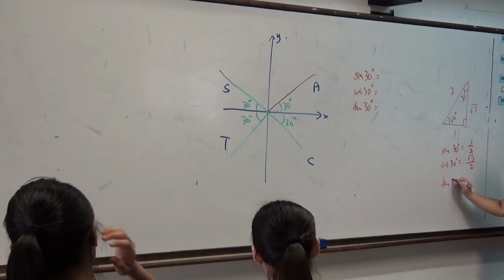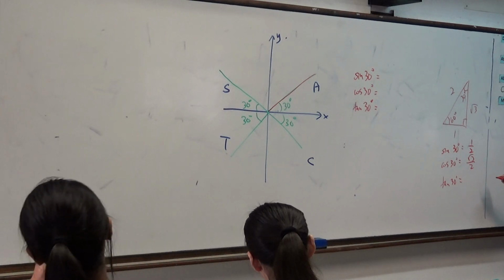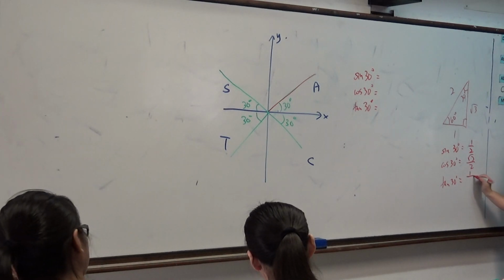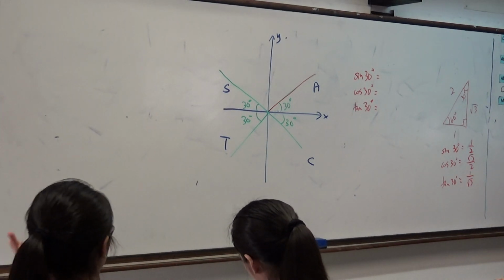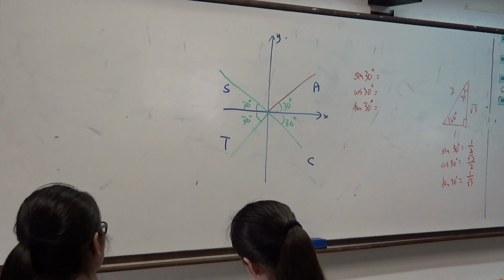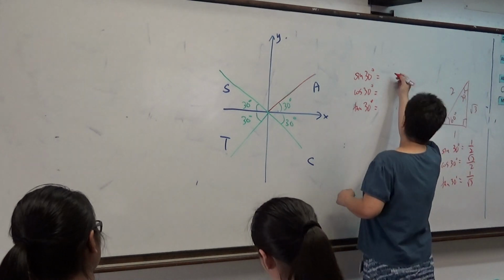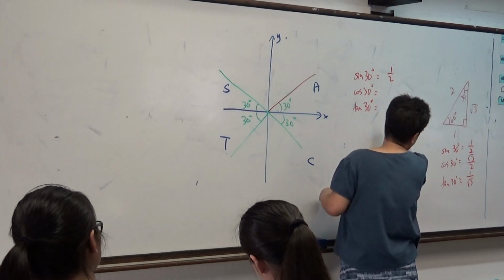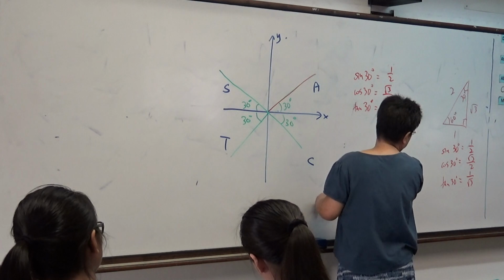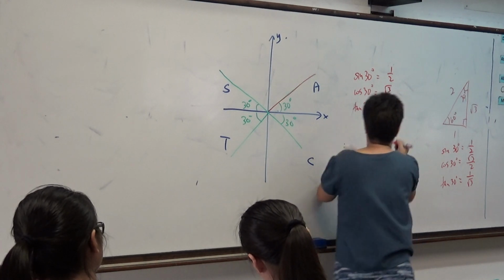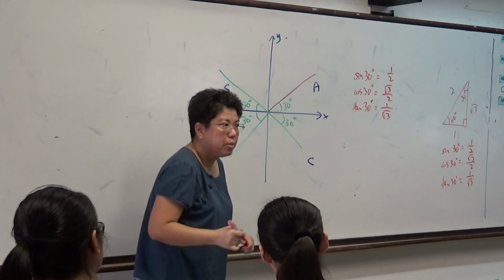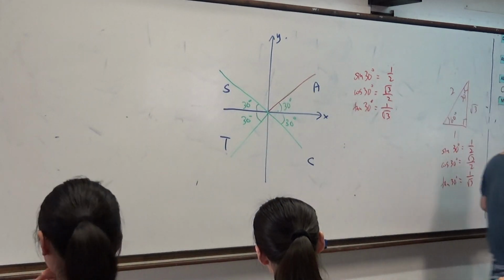What is tangent 30? 1 over root 3. Everybody okay? Yes, right? No problem? Okay, good. Now, so sine 30 will be half. Cosine 30 will be root 3 over 2. Tangent 30 will be 1 over root 3. All positive, alright?